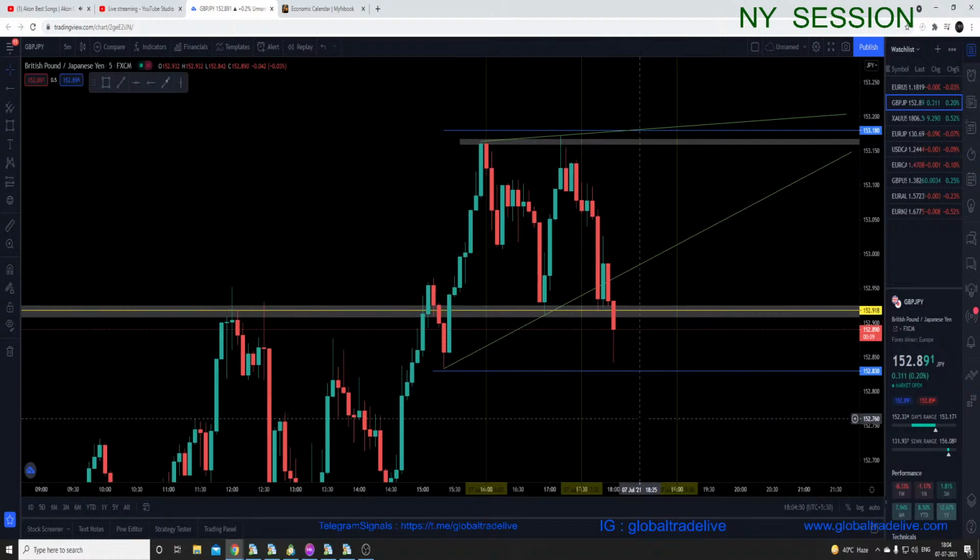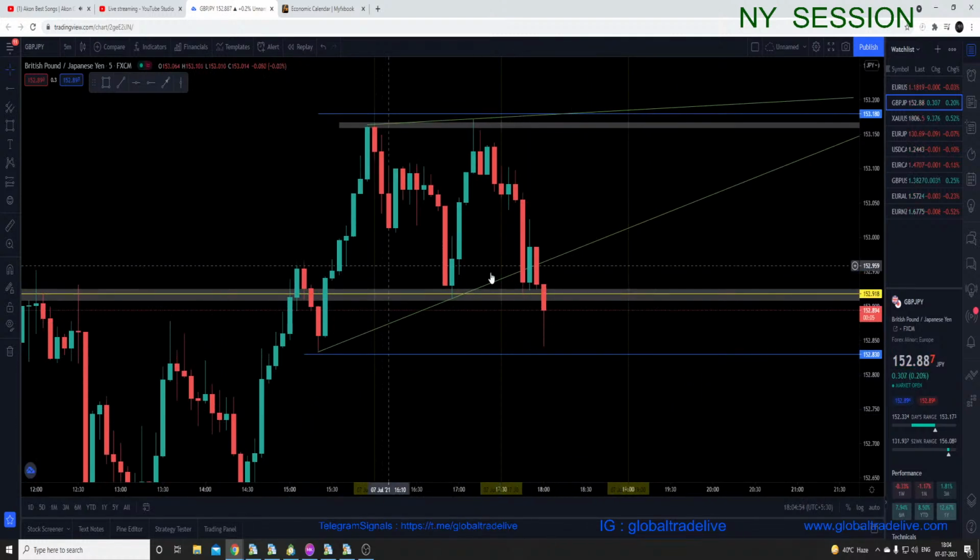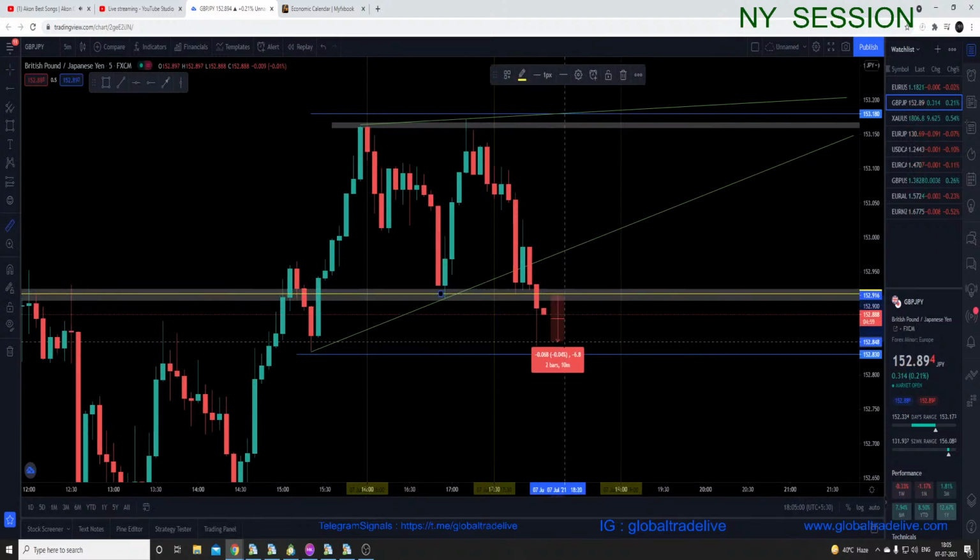13 seconds remaining now. Look, that's why whenever the market breaks the low in the first few seconds, possibly it rejects all the time.